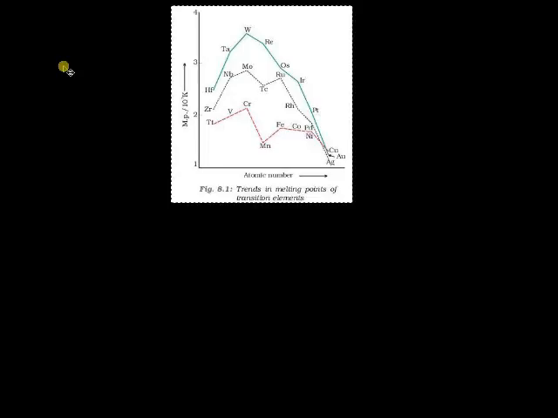So in a nutshell, if you are asked to give a reason for the high enthalpies of atomization of transition metals, you have to state precisely that it is due to the availability of larger number of valence electrons from the ns and (n-1)d orbitals.